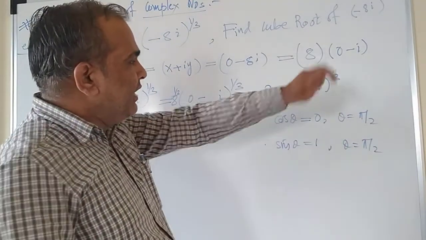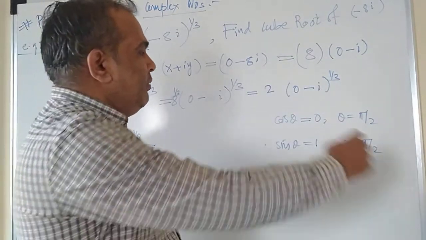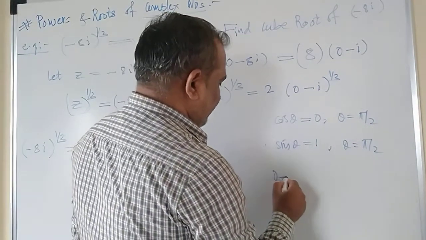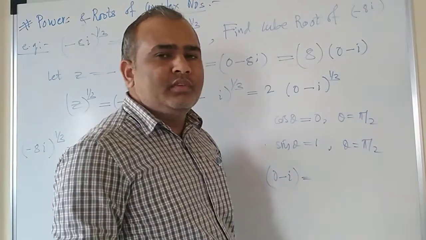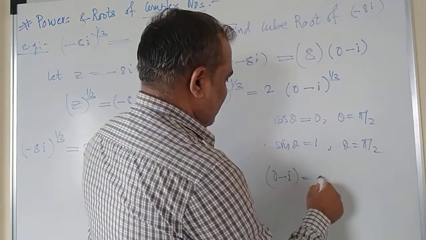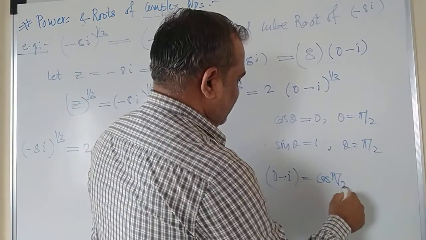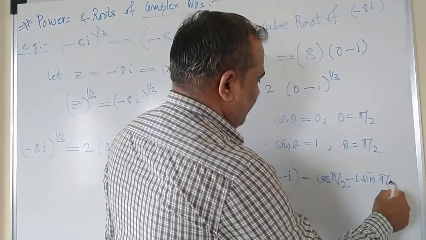Got it? And therefore I can replace this 0 minus i raised to power 1/3 by this formula. I will simplify 0 minus i and then think about its 1/3 root, right? So I can write this as cos of pi by 2 minus i times sin of pi by 2.